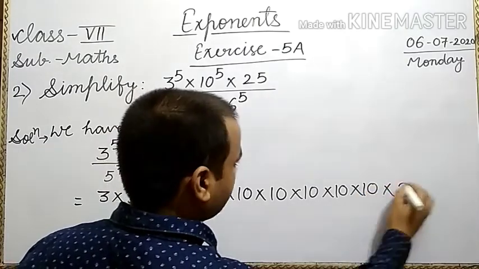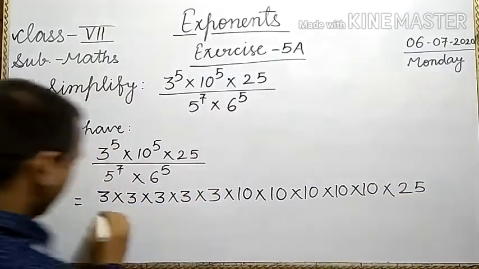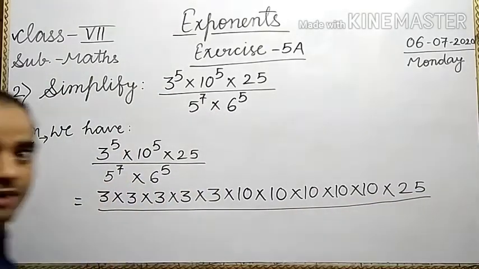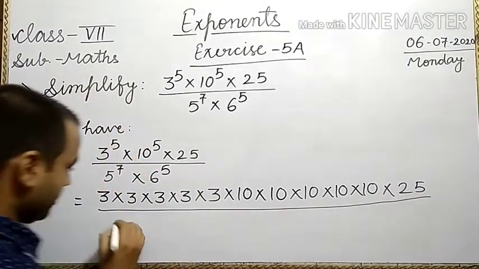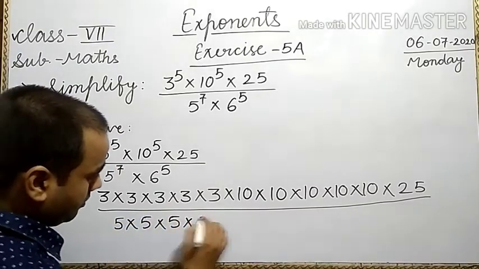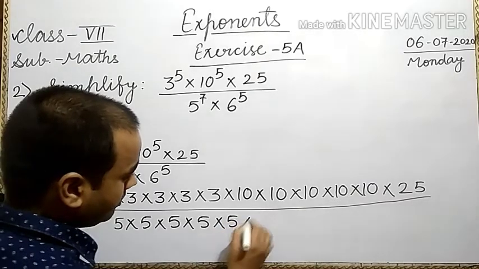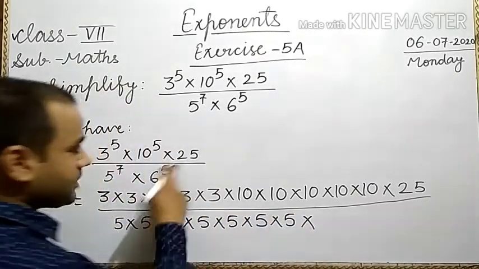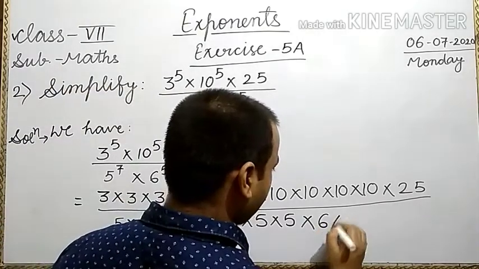And here simply 25, upon 5 power 7, which means 5 repeated 7 times, 1 2 3 4 5 6 7. Is it clear? 6 power of 5 means 6 repeated 5 times.